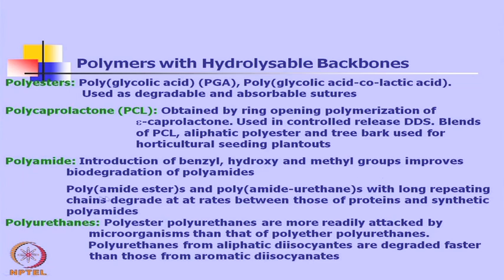Polyamide esters, that is, a polymer containing both amide and ester linkages, or amide and urethane linkages, are all hydrolyzable. Polyamide esters or polyamide urethanes with long repeating chains degrade at rates between those of proteins and synthetic polyamides.